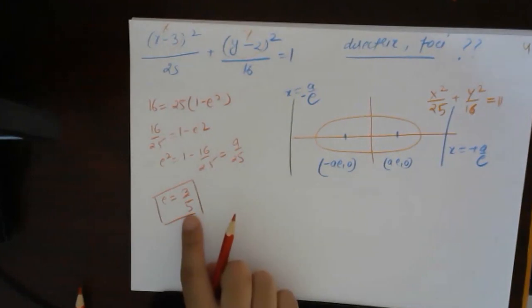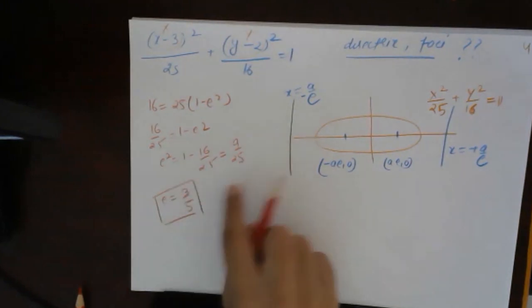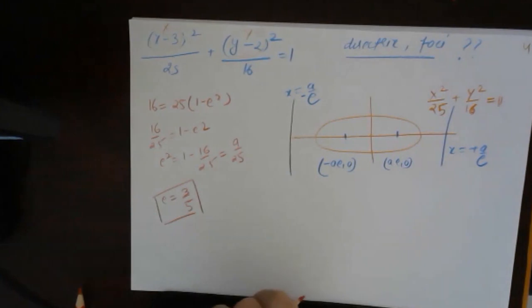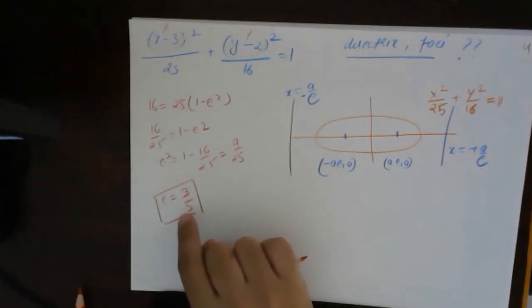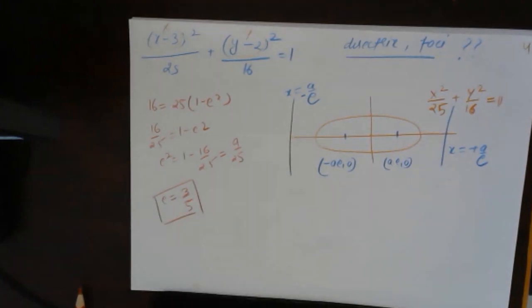Just check, e square is 9 by 25, so e will be 3 by 5. Just check the calculation.